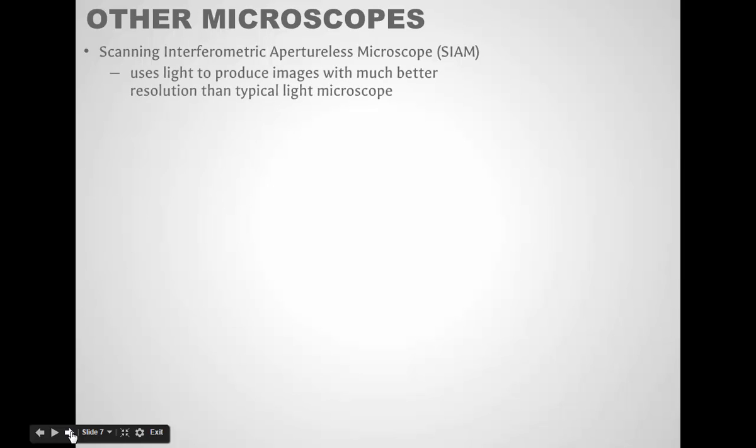There's also a few other types of microscopes. This is a scanning interferometric apertureless microscope, a SIAM microscope, which uses light, but with some special types of technology that give much better resolution than a typical light microscope.